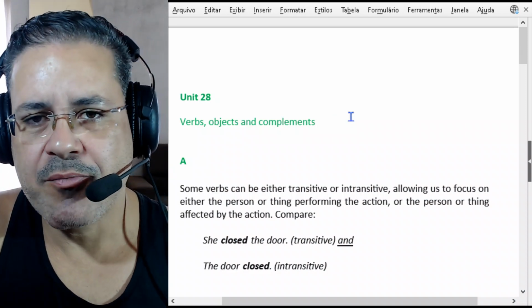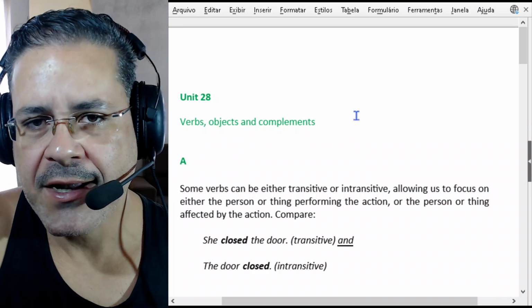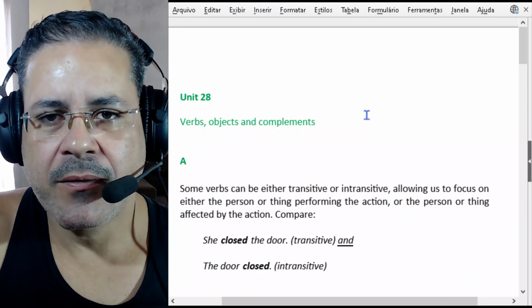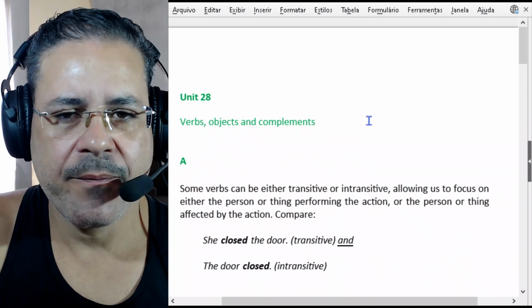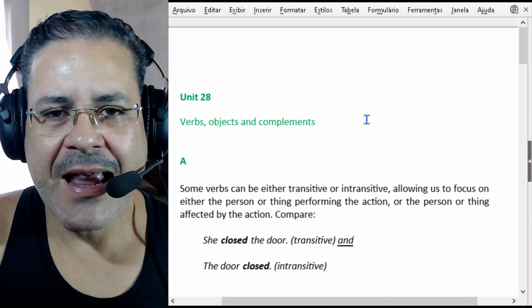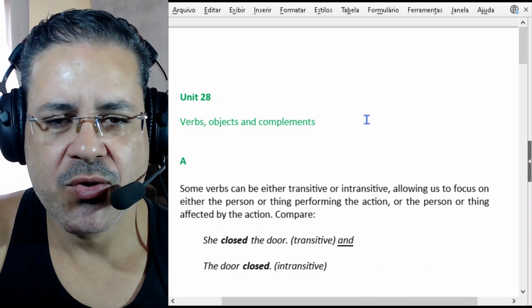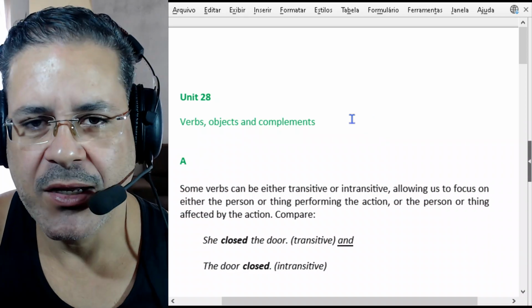We're addressing pronunciation, connected speech, elision, vocabulary. That's really an effective way to improve your English, believe me.